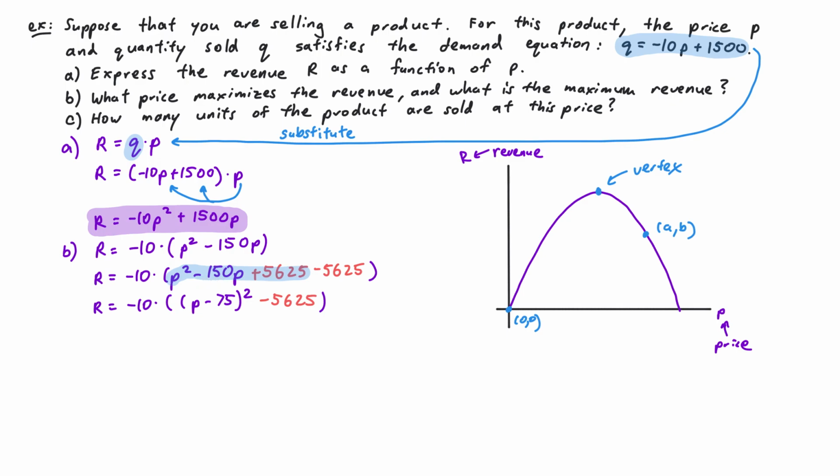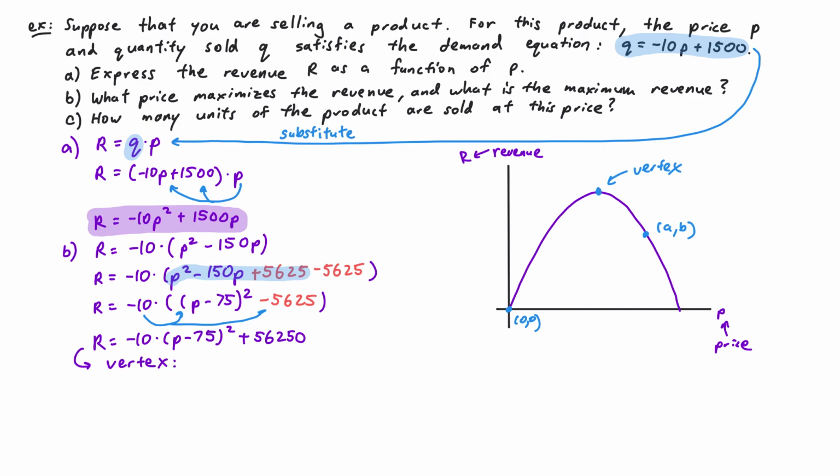Now there's just one last step to write our quadratic in standard form. We just have to distribute the -10 to each term inside the parentheses. So this gives us r equals -10 times (p minus 75) squared, and then plus 56,250.